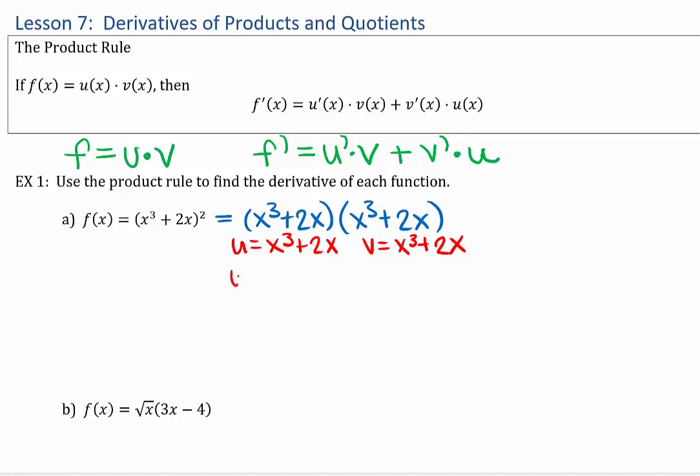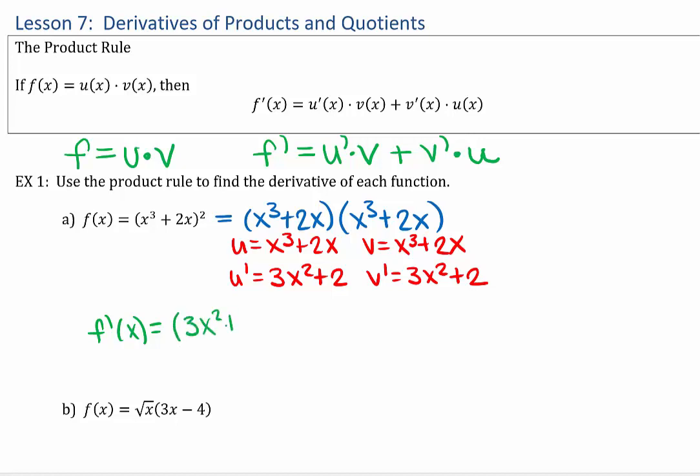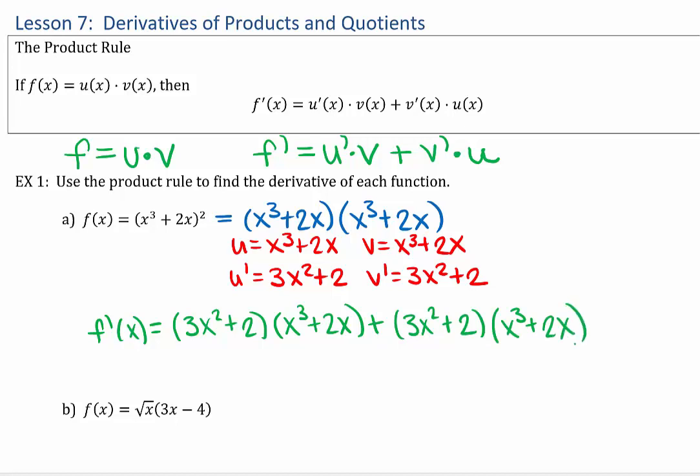Then my u prime would be 3x squared plus 2, and the v prime should be the exact same thing. Plugging this into my product rule, I'm going to take u prime, which is 3x squared plus 2, times v, x cubed plus 2x, plus v prime, 3x squared plus 2, times u, x cubed plus 2x.